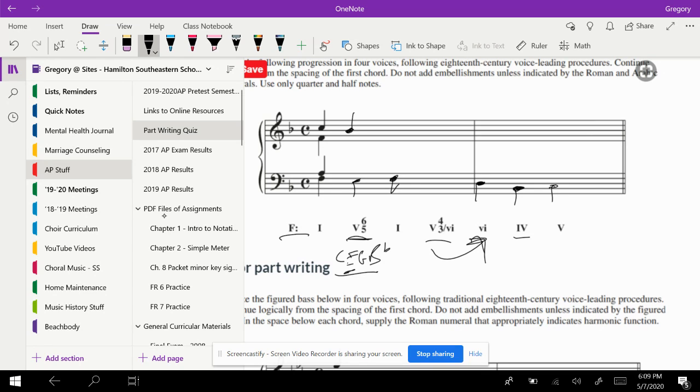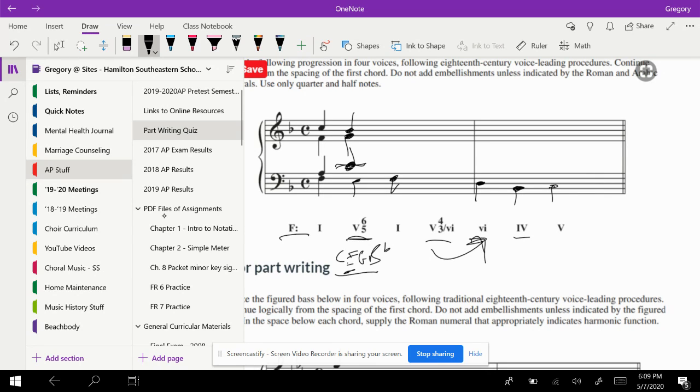That would be parallel octaves, and you don't want to have a double third. Plus, that's a leading tone. So that way we would do the G in the alto. That would be contrary motion there between the soprano and the alto. And then that leaves us with a root leaping by third, which again is also contrary motion to the bass.